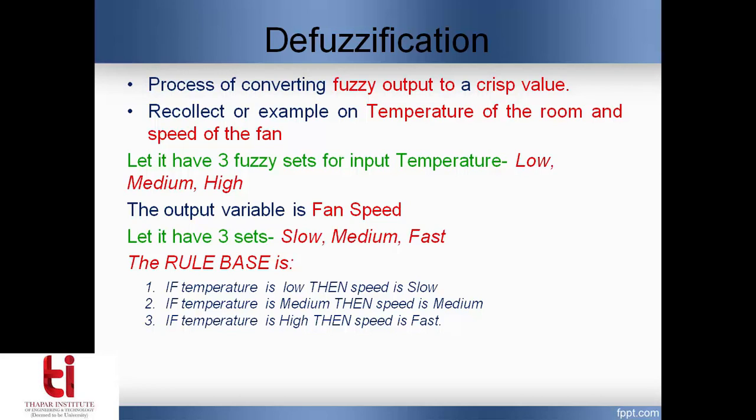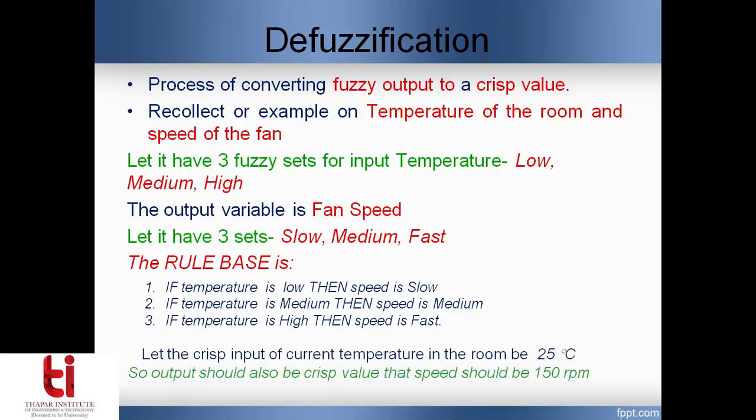Suppose my crisp value of the input for which I want to compute the output is 25 degrees. So at 25 degrees, what do you think the output should be? I cannot have my output as medium or slow or fast or 0.6 membership of medium. That is not going to give me the speed of the fan to be set.